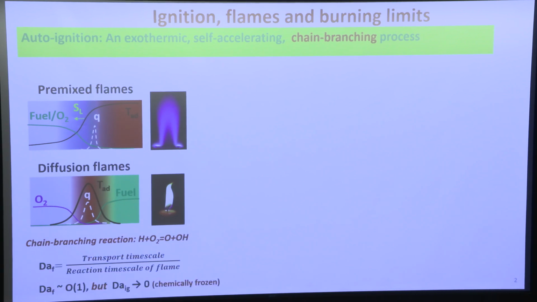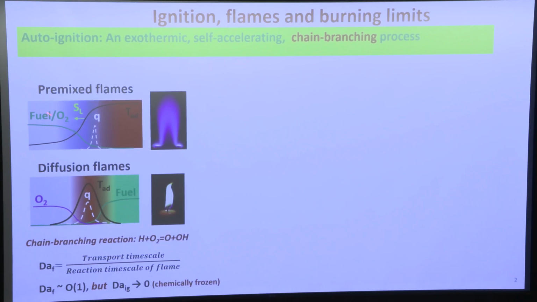Therefore, the Damköhler number is defined by the time scales of transport, flow, or diffusion, normalized by reaction time scales. For a flame to be alive, you need a flame Damköhler number equal to 1. But typically in combustion, people assume that the ignition Damköhler number is almost 0, meaning the upstream fuel and oxygen mixture is called chemically frozen. That is the assumption.